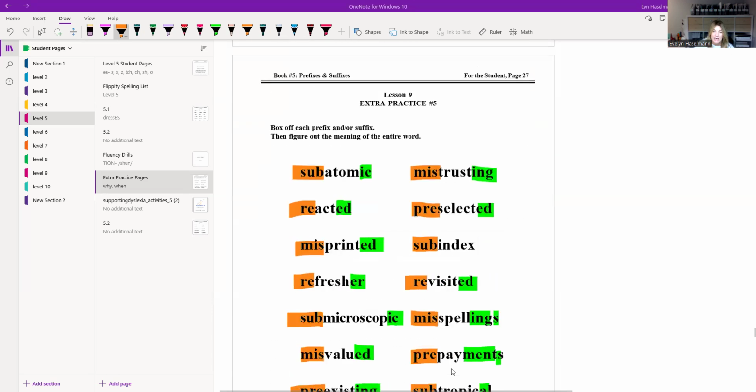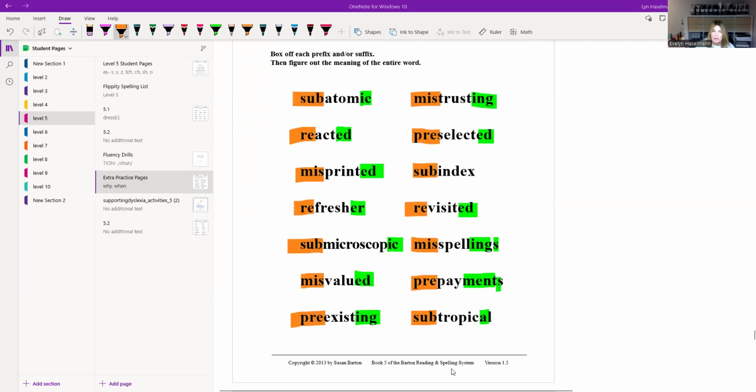But those are done. And then the last one is box off each prefix and or suffix and figure out the meaning. So the only ones I'd like to talk about are, there's a couple, like misspellings has two suffixes, repayments has two suffixes, but subindex doesn't have any suffixes.